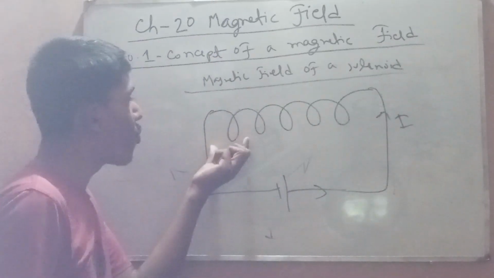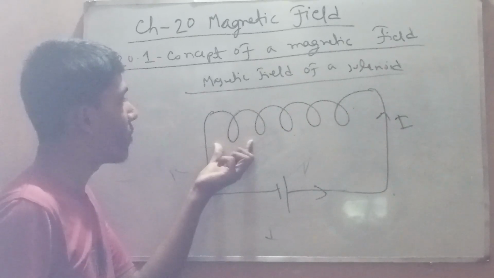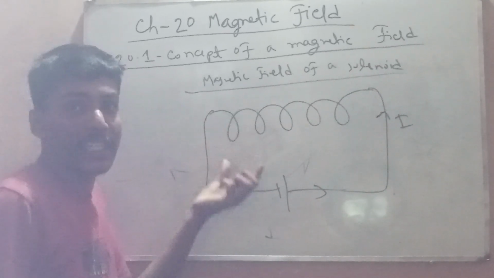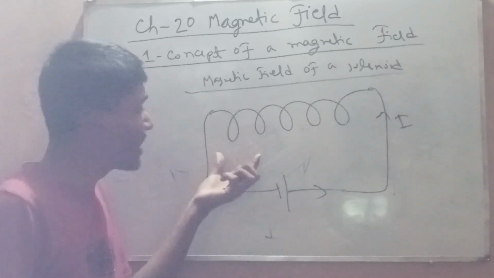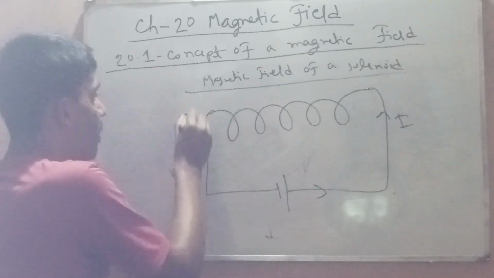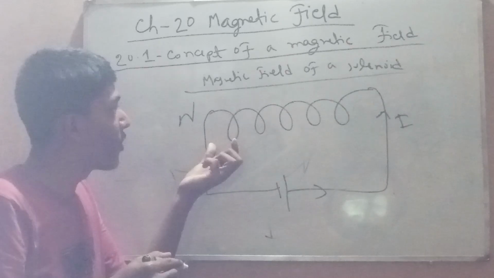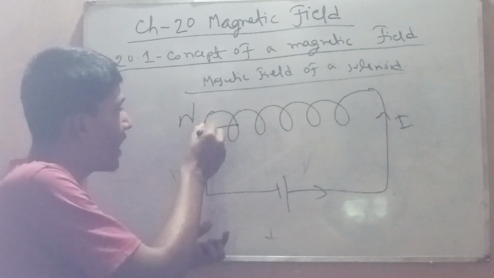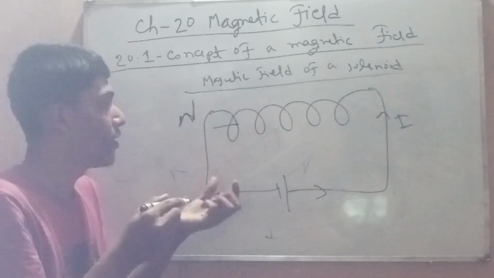if we view from one end of the coil, if the current flows in an anti-clockwise direction, then that end will act as a north pole. If we see from this end the current is flowing anti-clockwise, this end will act as the N pole.